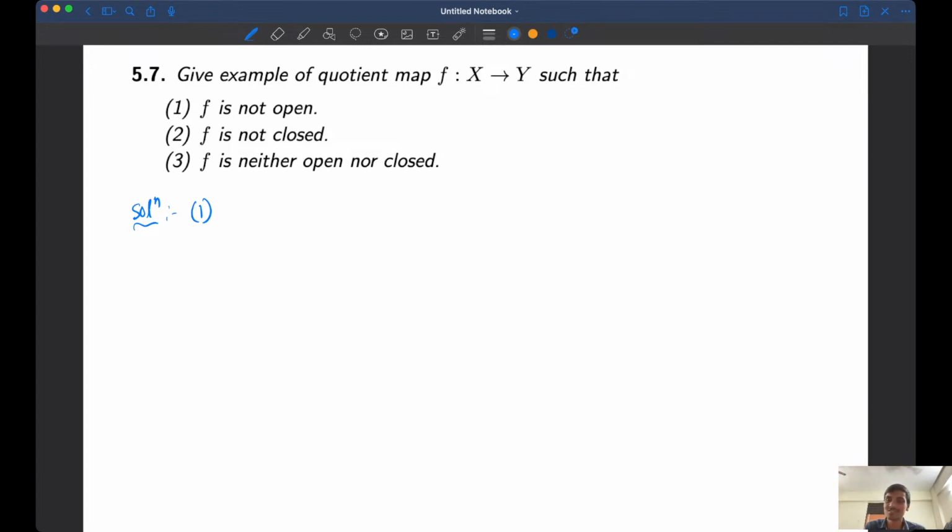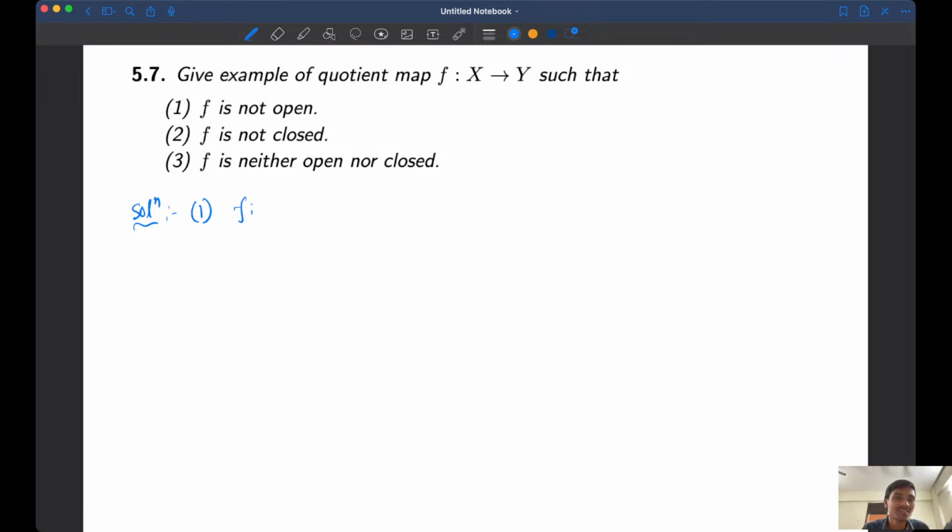This is an example I got from a book, so I'm just writing it; frankly speaking, I don't have the exact construction, I just remember it.